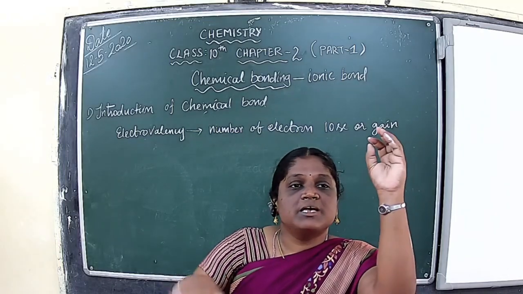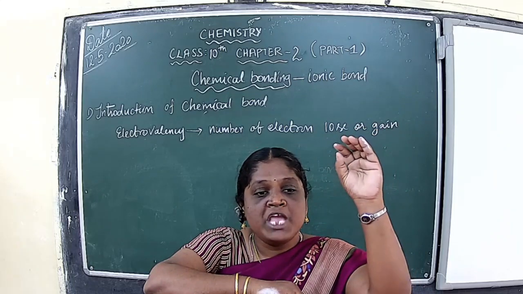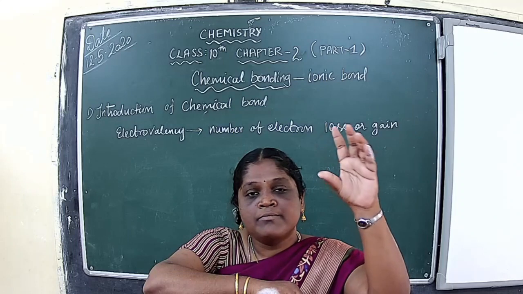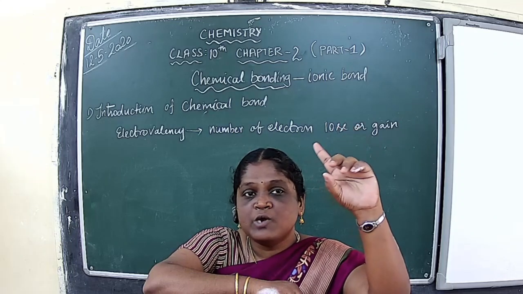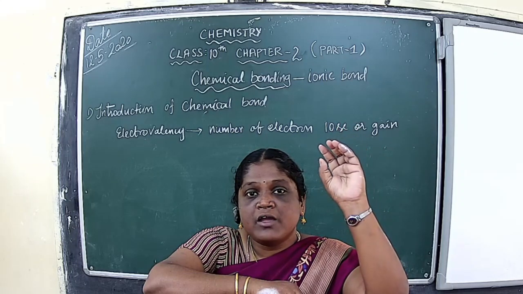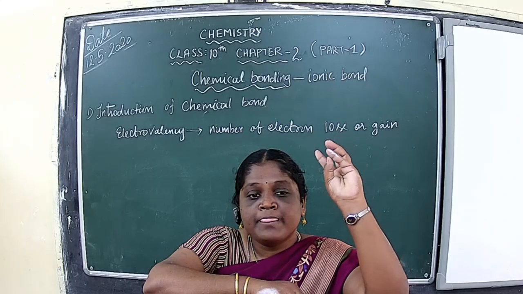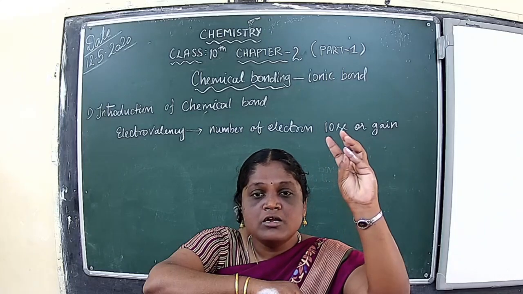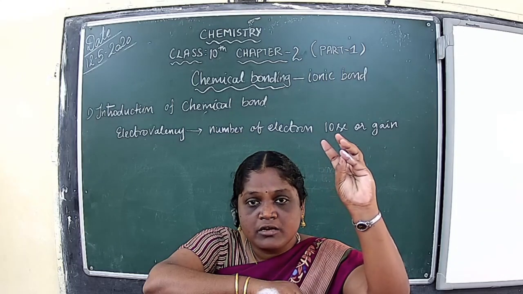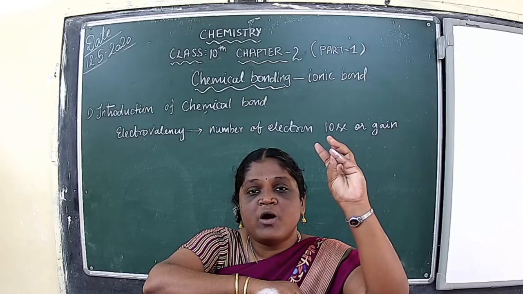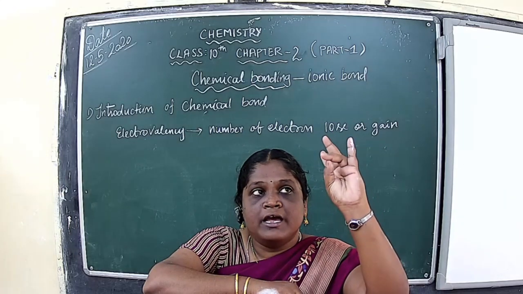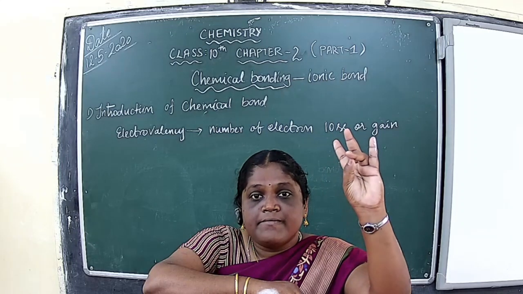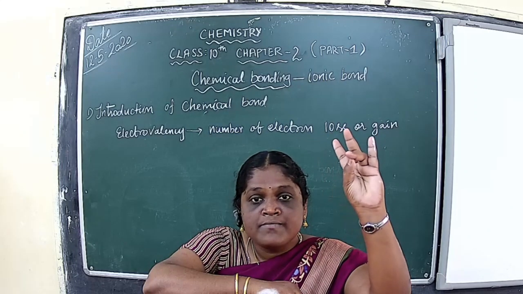Now some examples of formation of ionic bond. I already told you, during the formation of the ionic bond, one atom loses the electron to attain the stable electronic configuration, and it forms a cation. The second one gains the electron.